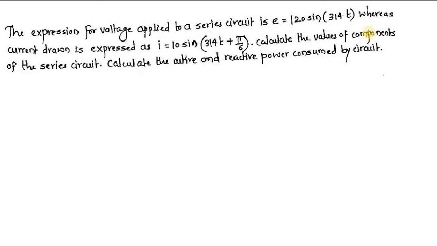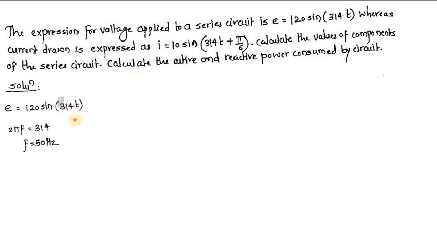So by the word components we mean we need to find R and C. By the word values of components we mean we need to find values of R and C in this case. So let's begin to solve this numerical now. The given expression for voltage is E is equal to 120 sin 314t, and from this we can find out the frequency.